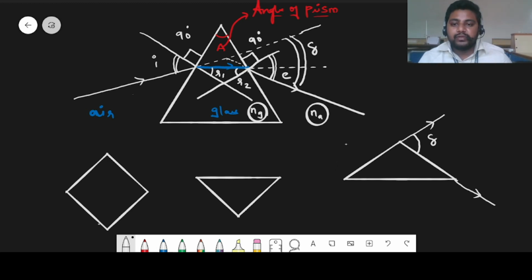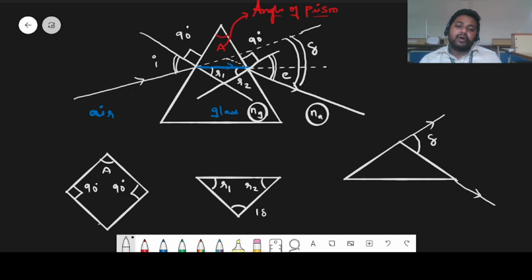Now if you observe, this is your angle of the prism A. The angle here is 90, and this angle is also 90, because these are angles made by the normal. In this triangle, this is your R1, this is your R2. If those two are R1 and R2, this angle is 180 minus (R1 plus R2). The same you can write here also, because that is the angle 180 minus (R1 plus R2).